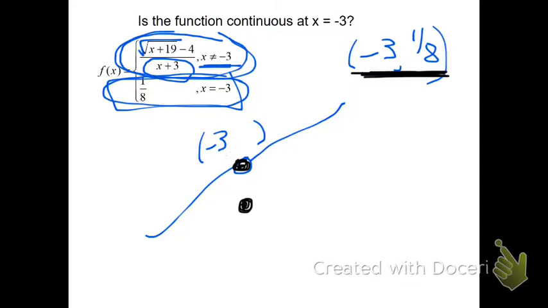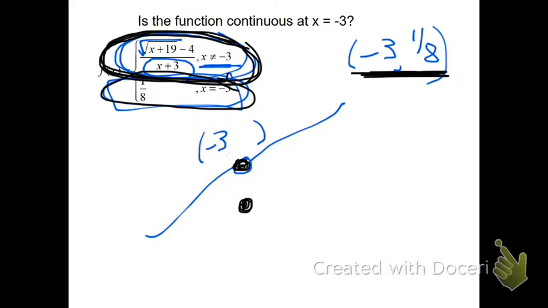We need to see if this stray point fills in the hole that this graph will have in it. Okay, so we're basically going to do what we did before and find the limit as x approaches -3, and that'll give me the height of this hole, and see if it's equal to f of -3. So let me erase this and do this last problem from scratch for you.